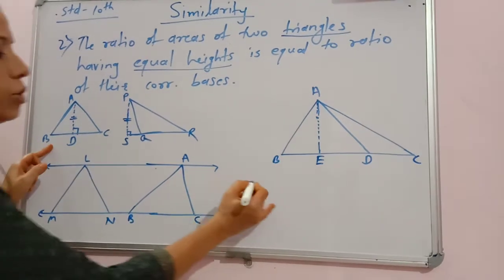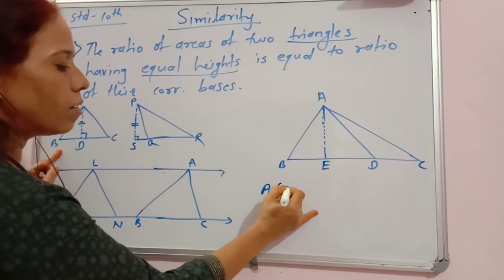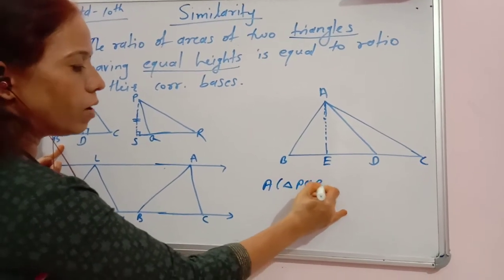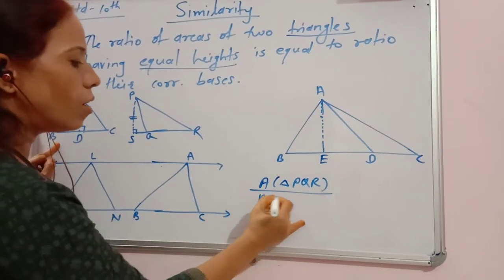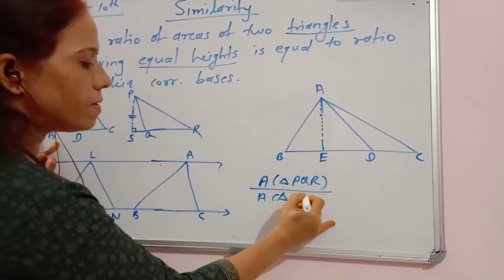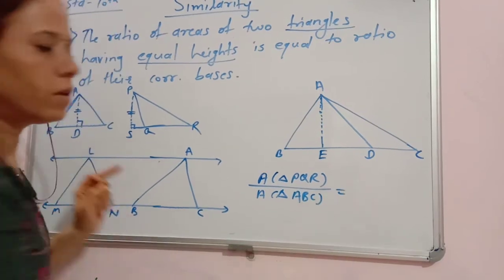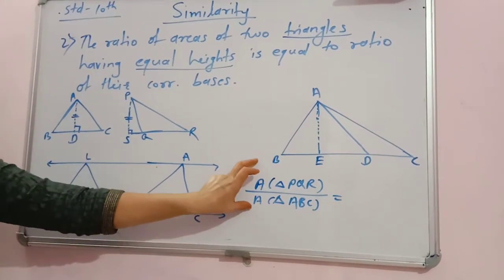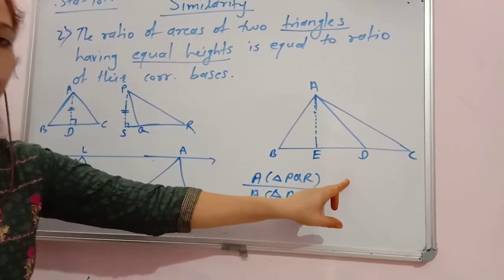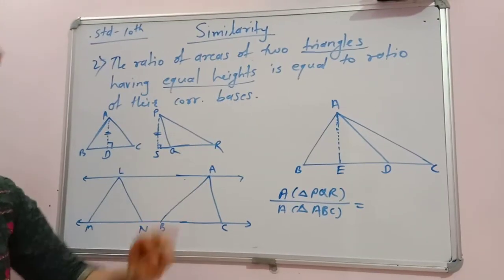Now what is the ratio of their areas according to the first property? Area of triangle PQR upon area of triangle ABC is equal to the ratio of their bases multiplied by height.